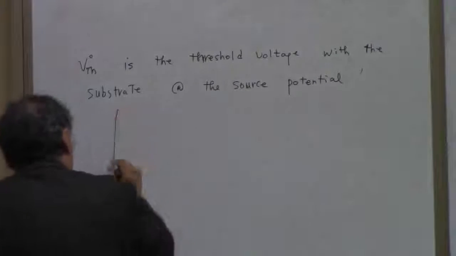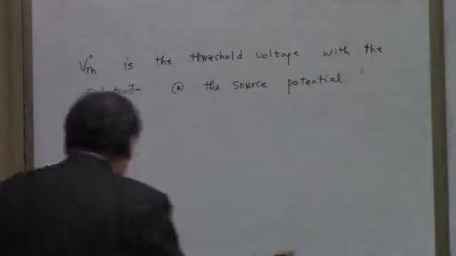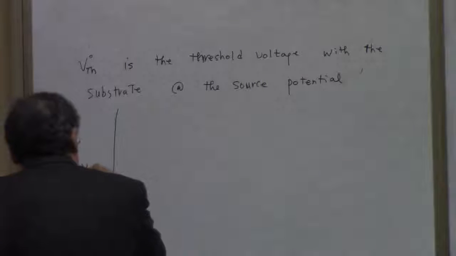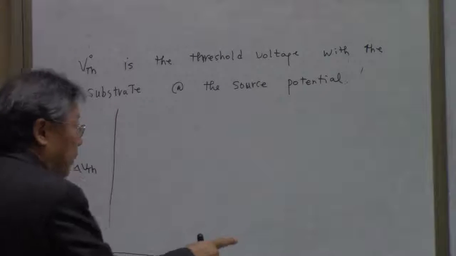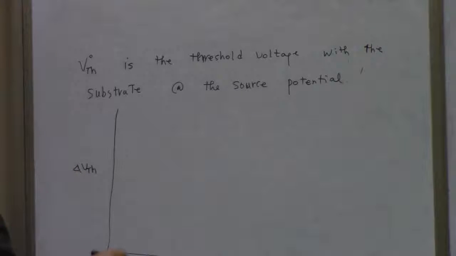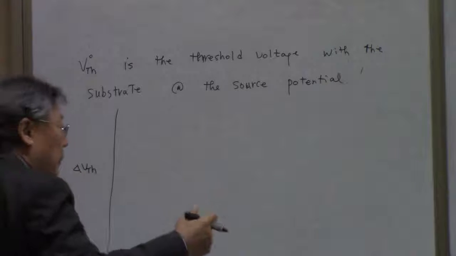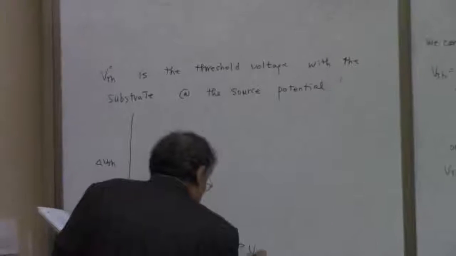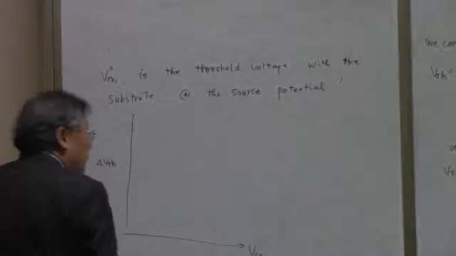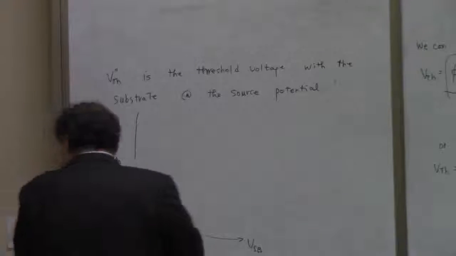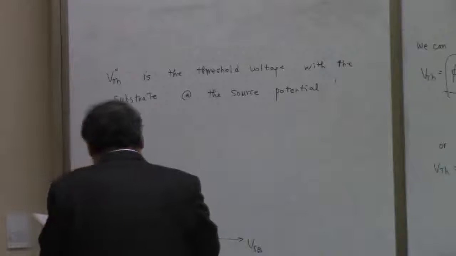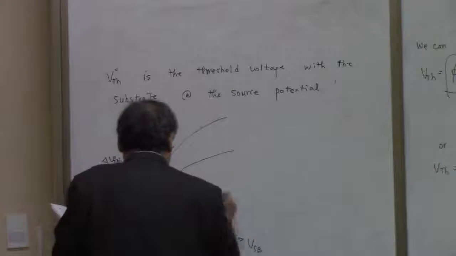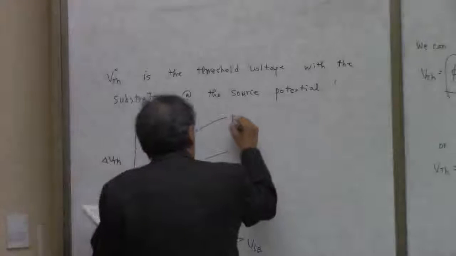And if we plot, there is experimental data in the reference, but if you plot delta VTH, which is a correction factor coming from the backgate bias, with respect to the substrate bias, then we have a curve something like this. This is a rough figure, right?